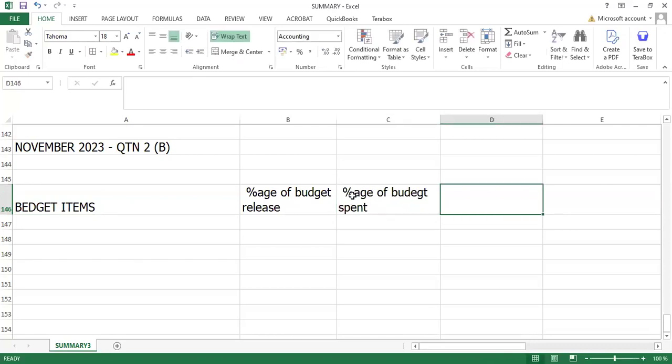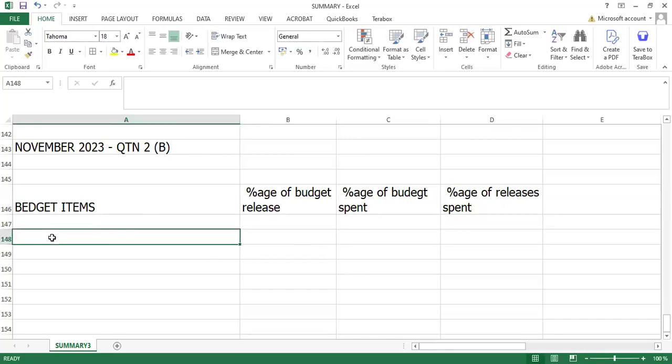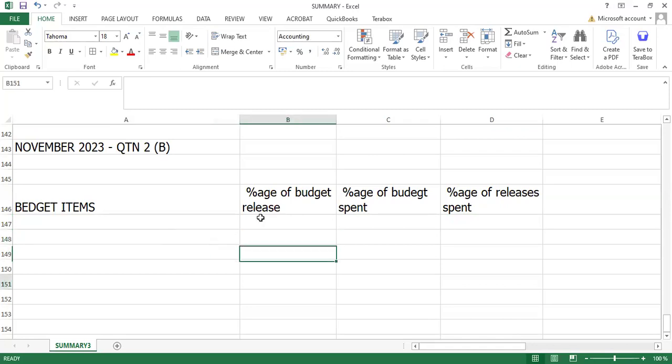Then create a column for the percentage of releases spent. For me, I will just show you the formula, then you will create. Because here the issue is that there are 5 marks, but taking many minutes.